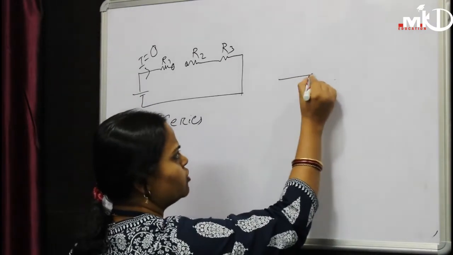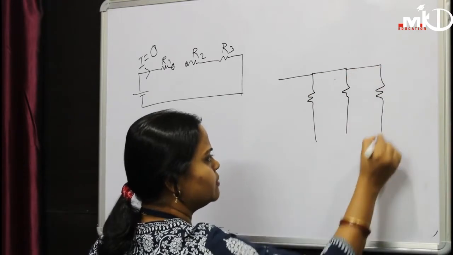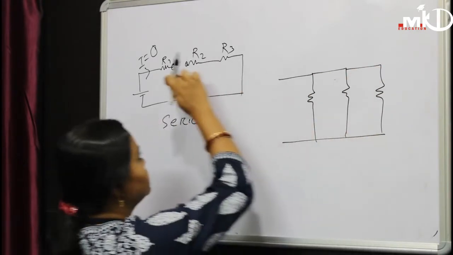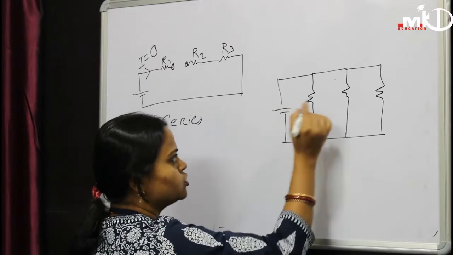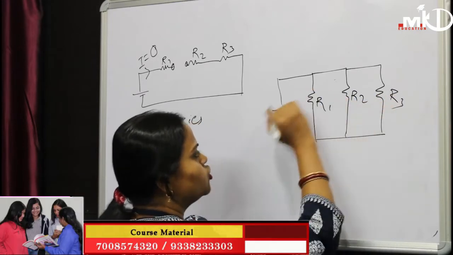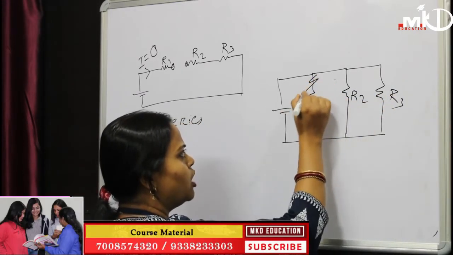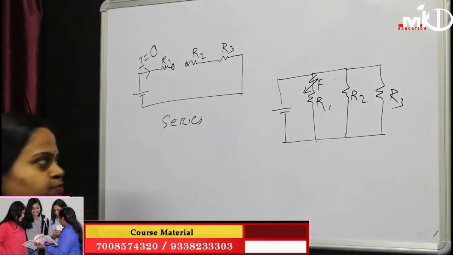But if we will go for a parallel circuit, so that is no problem. That means here the same thing, just we are connecting the three resistances in parallel. And this is the voltage source, this is R1, R2 and R3. So here, if fault will occur here, this part is now the faulty part.